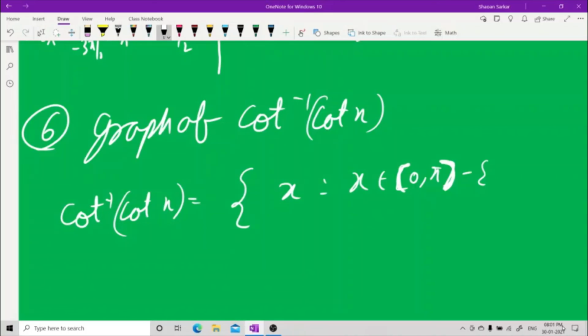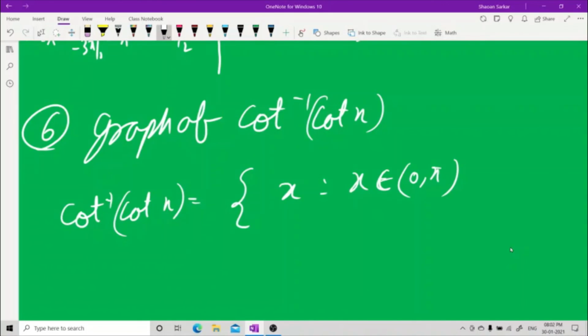Okay, and then you have your tan inverse was from 0 to pi, from where 0 to pi is not included. Wait a minute. 0 to pi would not be included. Sorry. Wait a minute. Belongs to 0 to pi.